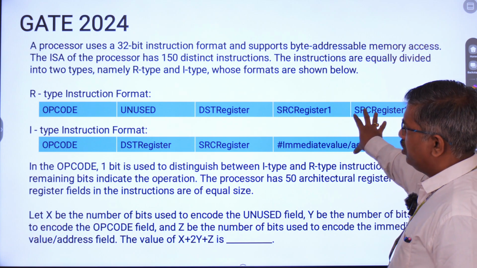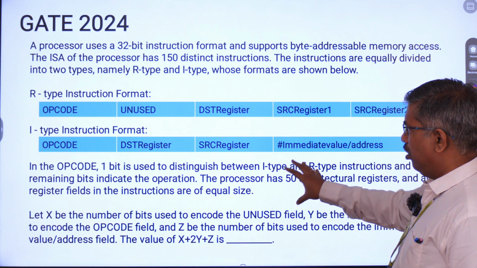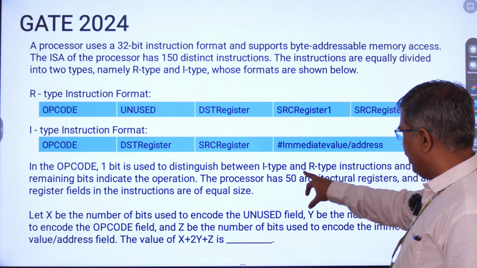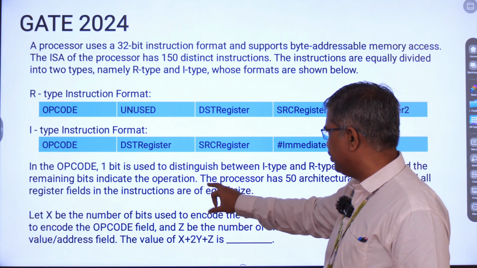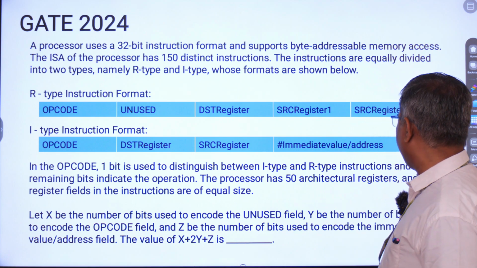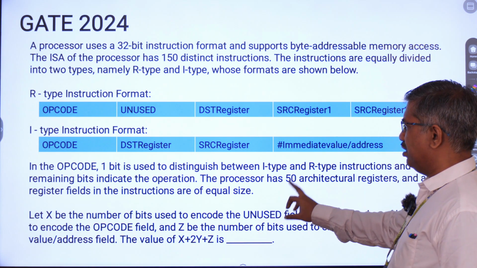The R type instruction format and I type instruction format are also given. In the opcode, 1 bit is used to distinguish between the I type and R type instructions, and the remaining bits indicate the operation. The processor has 50 architectural registers, and all register fields in the instructions are of equal size.